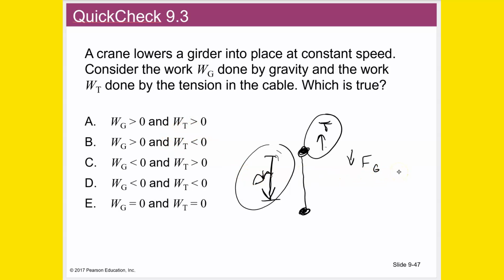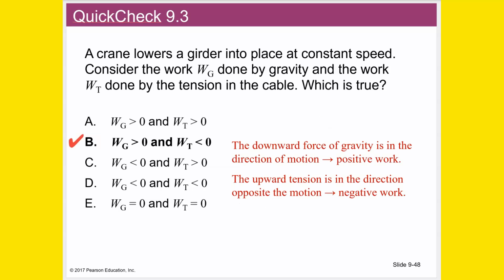Gravity points in the same direction as the displacement, and so gravity is doing positive work on this. And so the work of gravity is greater than zero. So it looks like choice B. Yep.